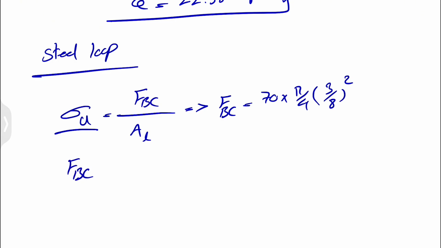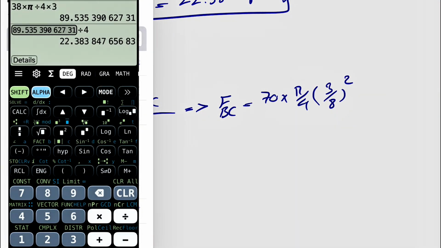So FBC would be 70 times pi times 9, which is 3 squared, divided by 4.